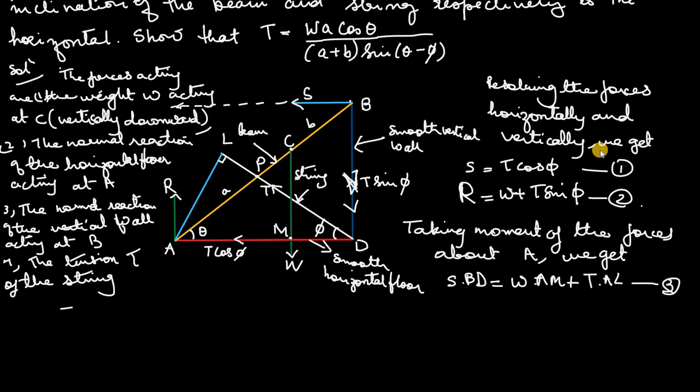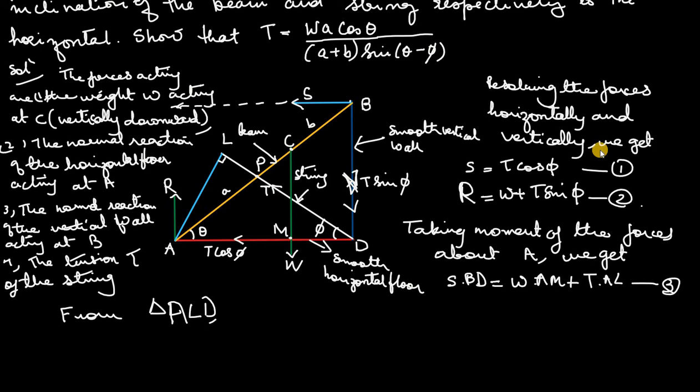Now from the diagram, from triangle ALD, we want to find AL.